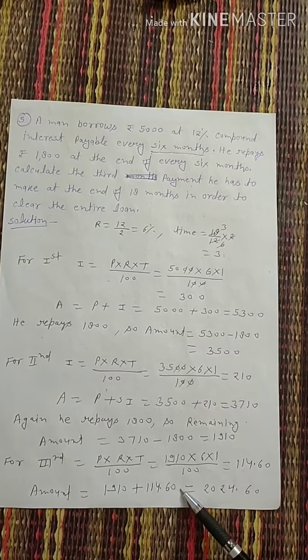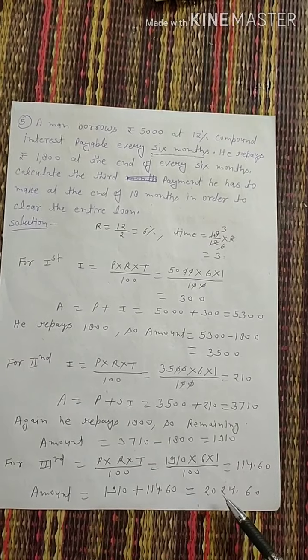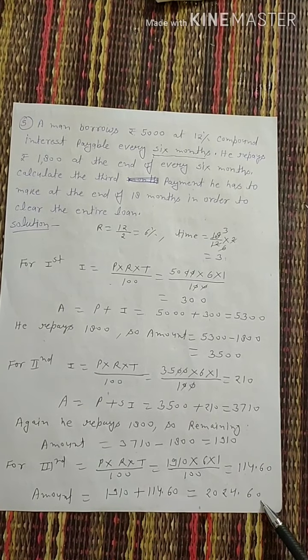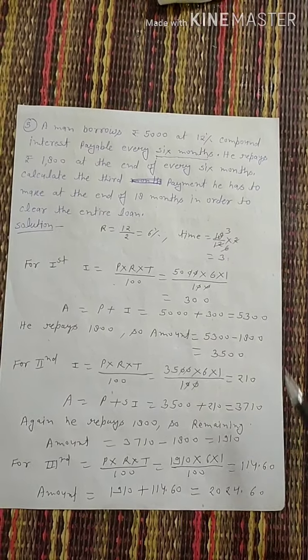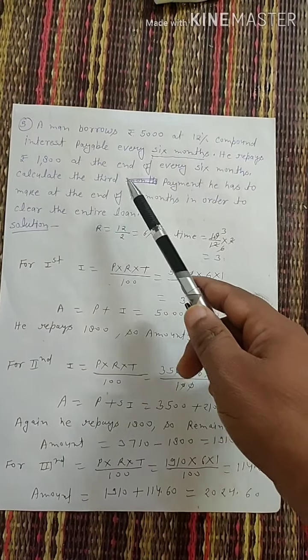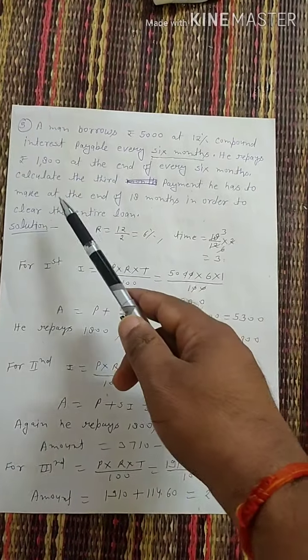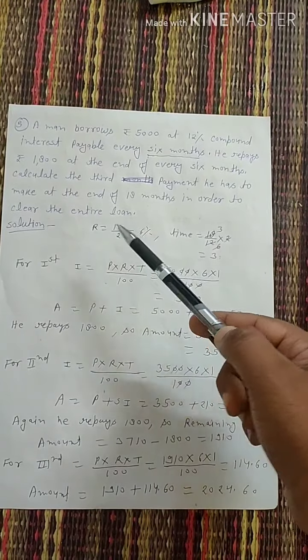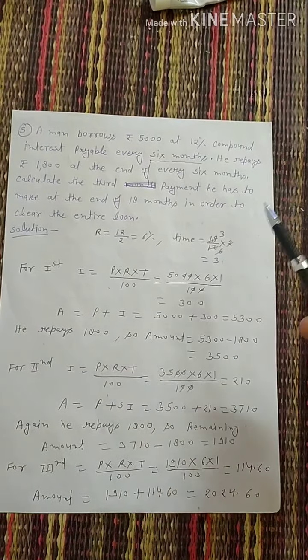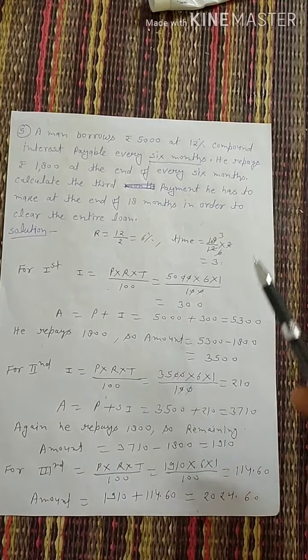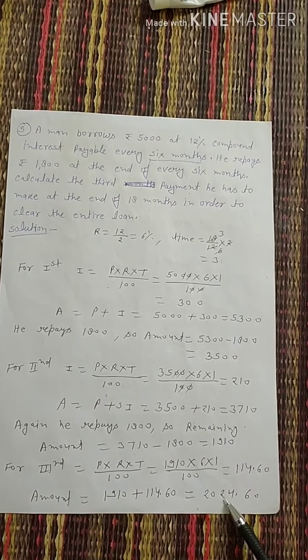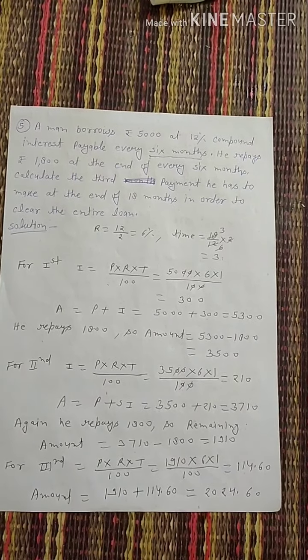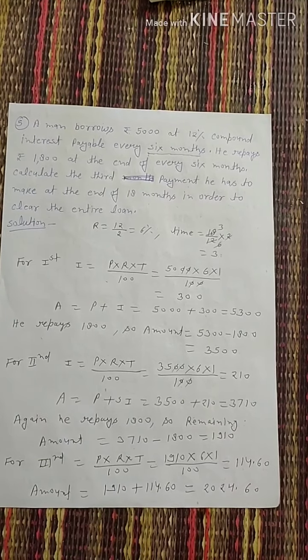The question is to find the third payment he has to make at the end of 18 months in order to clear the entire loan. Means to return his entire loan, he has to pay 2024.60 at the end. Okay.